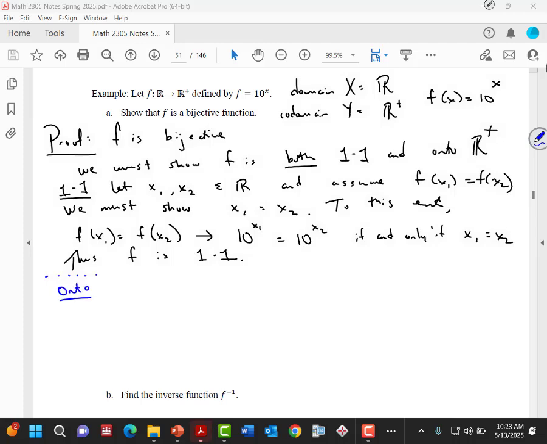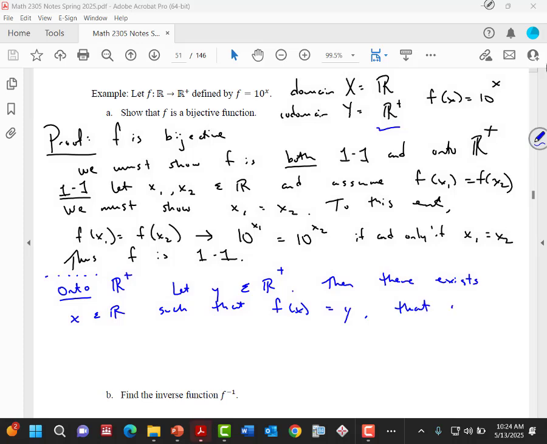We now show that f is onto R plus. Let y be a member of the codomain, R plus. Then there exists an x in the domain, a little x in R, such that f of x equals y.